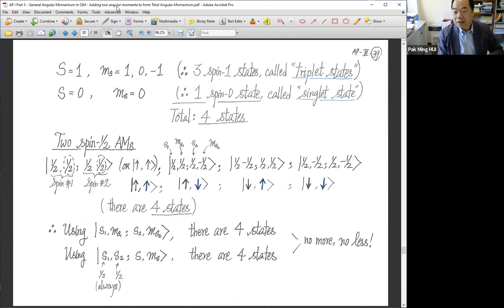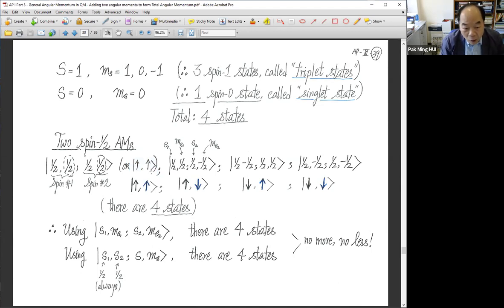So this is what I just said. If you think about it in the old label, meaning haven't added them up yet, it is M_S number 1 spin, M_S number 2 spin. The S1 and S2 are boring, half always. Usually we are so lazy that we will not mention this half again because it's always half, and then we have half, half, half, minus half, and so on, or even so lazy that we represent it by an arrow.